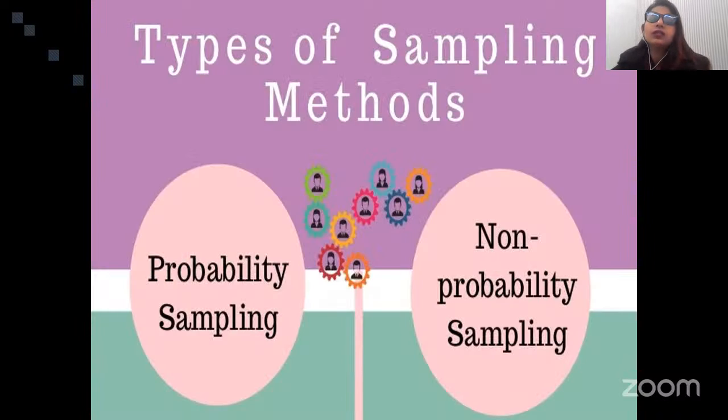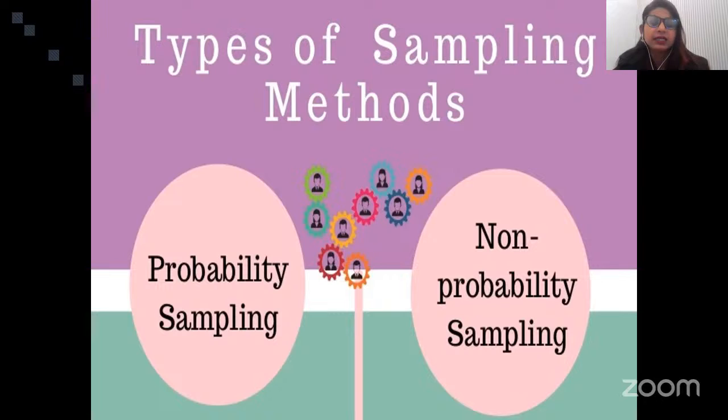Okay, so let's start with sampling methods. These are the two sampling methods: one is probability sampling and the second is non-probability sampling technique. So the question is, what is the difference between probability and non-probability sampling technique? One thing I have already made clear: when your population is finite in number, you can go with probability, and when it is infinite, you have to go with non-probability sampling technique.